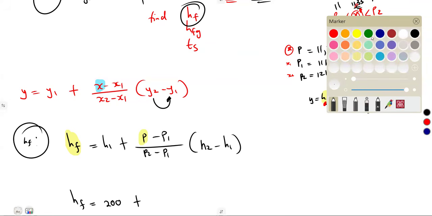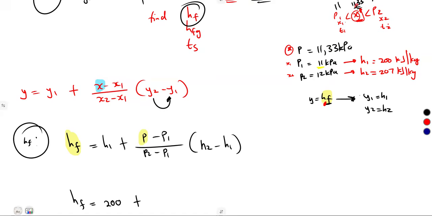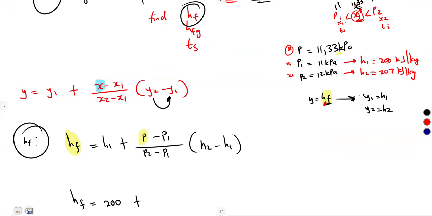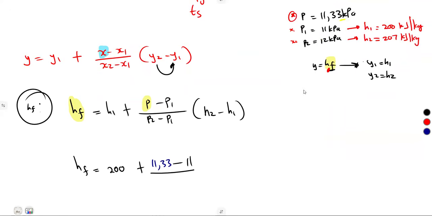That's our 11,33, that's our P, minus P1, the lower value, over the difference, the upper minus lower, 12 minus 11, into H2 minus H1, 207 minus 200, just like that.